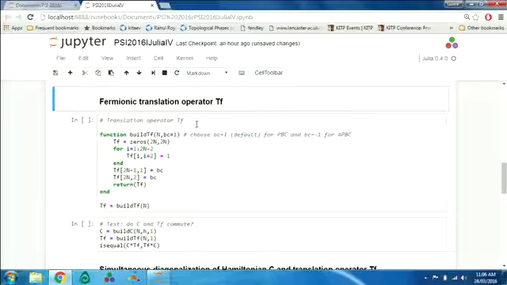Okay, turns out that this Hamiltonian commutes with a translation operator, which corresponds to taking each block and moving it. So we need to write also this matrix.